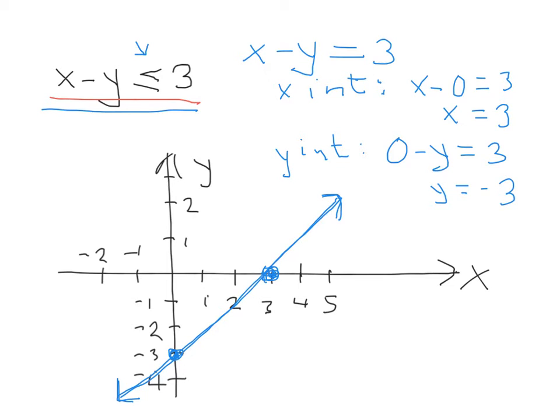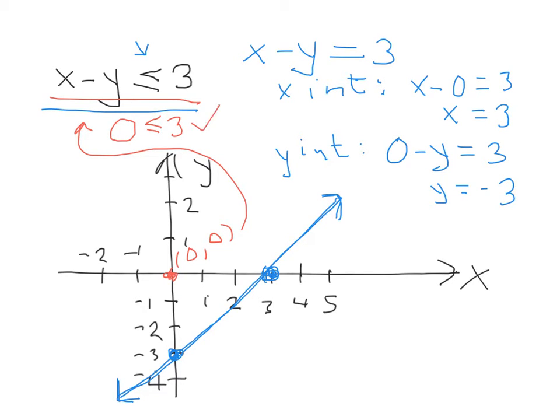How do we figure out which region we want? We use a test point. I usually test the point 0, 0. So you take your test point, you plug it back in to see whether it ends up true or false. When we plug in x is 0, y is 0, we get 0 minus 0, which is 0, is less than or equal to 3.